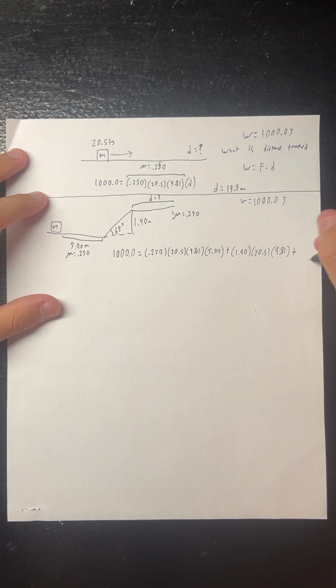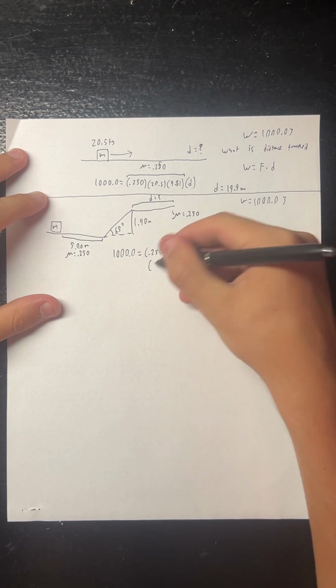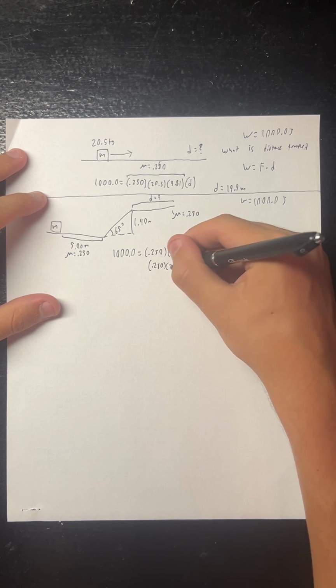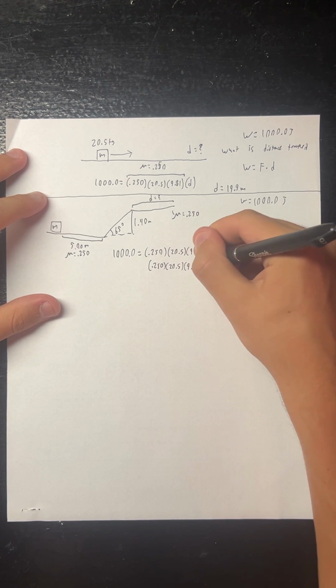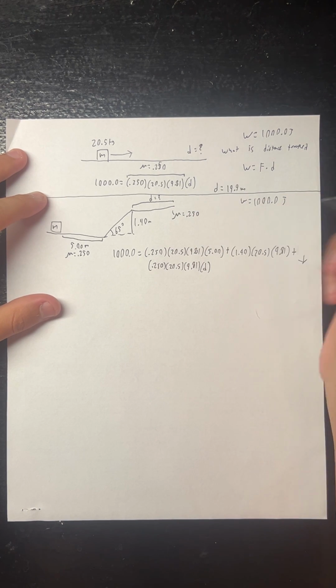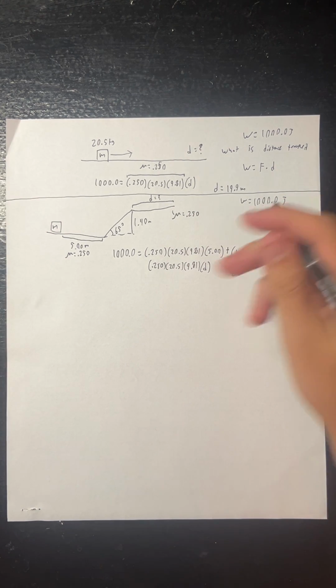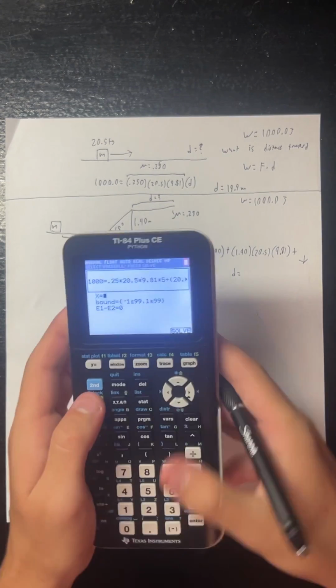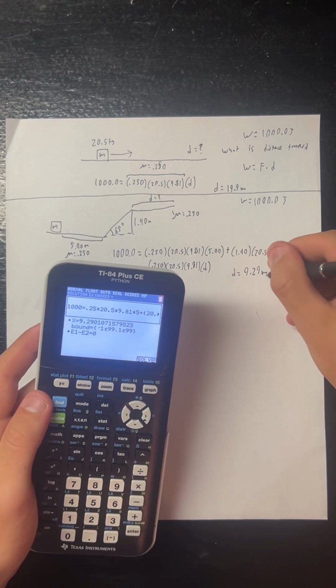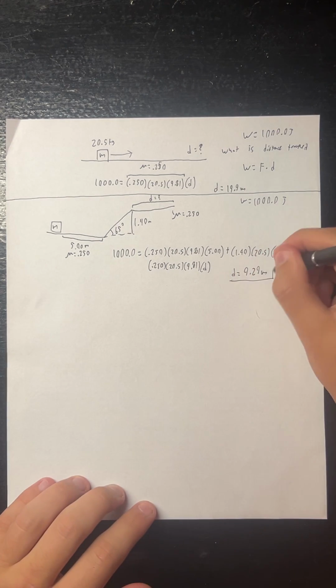So this comes to mu, which is the same, mg, 20.5, 9.81, times the distance that it travels, d. If we plug that into numeric solver, our d comes out to 9.29 meters. So that is how to do one like that.